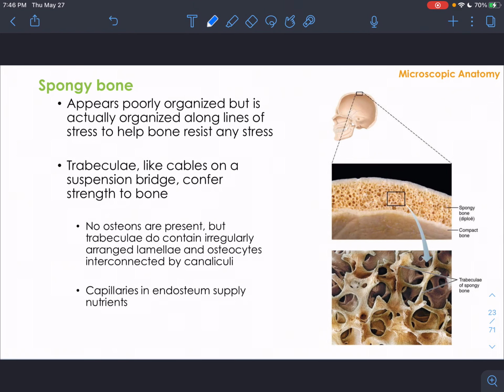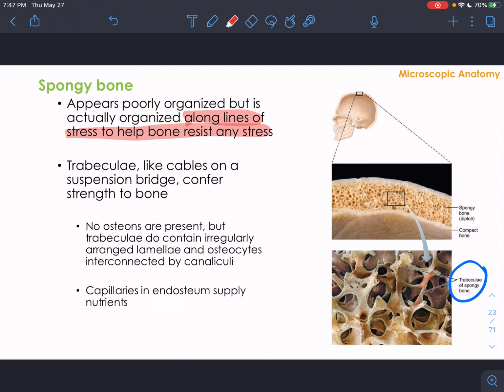Spongy bone is a different story. So spongy bone, obviously we already kind of talked about this, but we don't have those osteons like we do in compact bone because it's spongy, and we have the trabeculae instead. It appears like it's just poorly organized, but actually it's organized along the lines of stress to help bones resist stress and breakage. So the way that this sponge is laid out actually is meaningful.